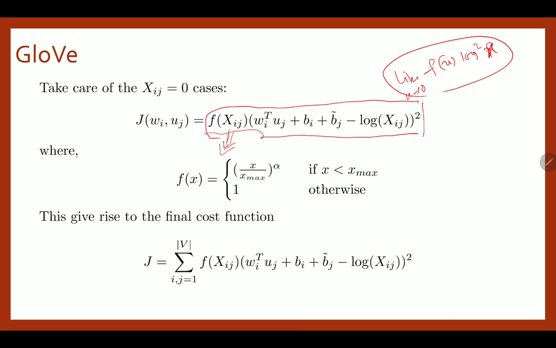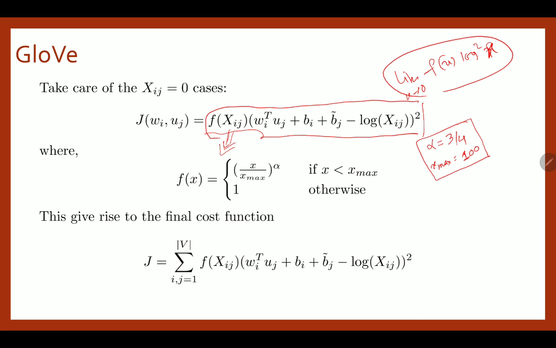Now there are two hyperparameters. One is alpha, which in the paper they have taken as 3 by 4, and x max is taken as, I think, 100. These hyperparameters, they have shown, give perhaps the better result.